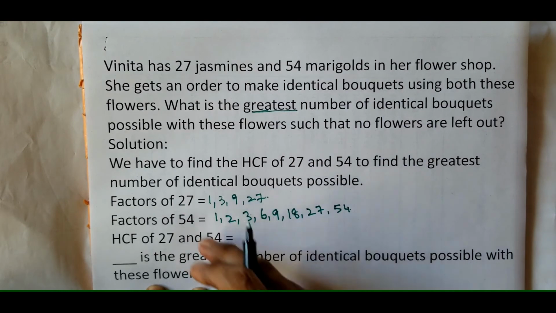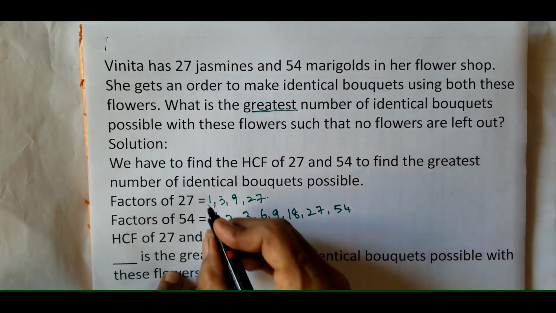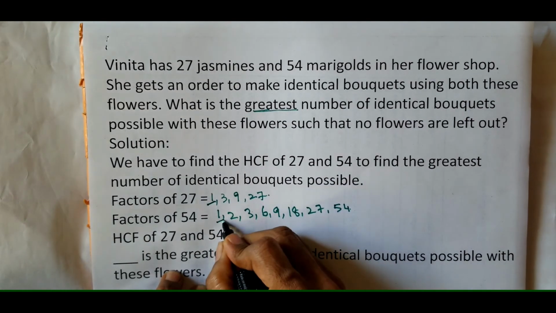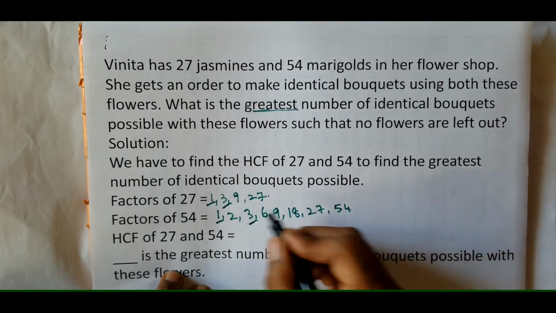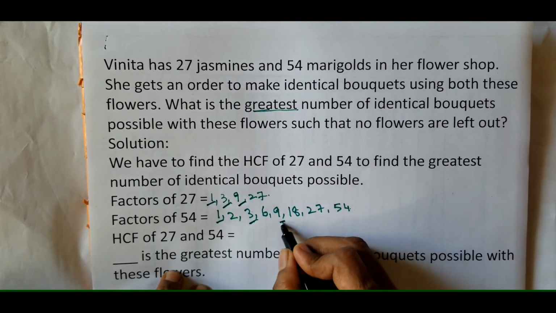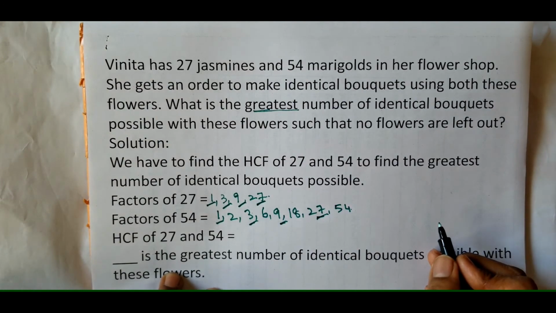So now we have written the factors. Now we have to see the common factors. The common factors will be 1, then 3, then 9, then finally 27. Now which is the greatest factor now?